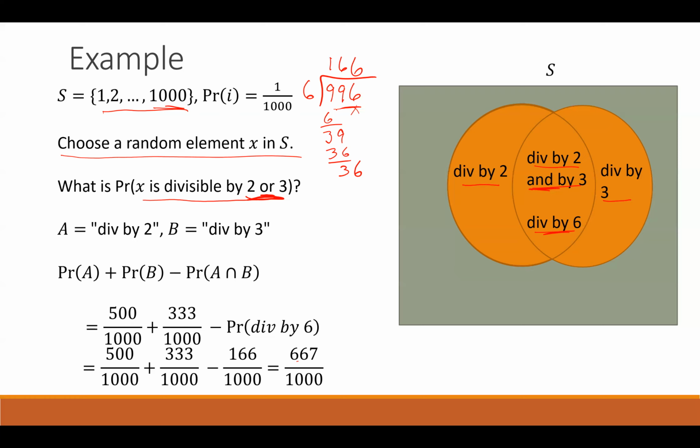So if I count all the numbers from 1 to 1,000 that are divisible by 6, I get 6, 12, 18, and the last one will be 996. Makes sense? All right, other questions? All right. Moving right along.